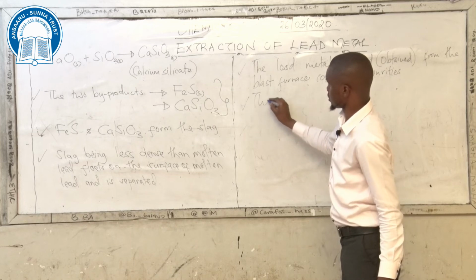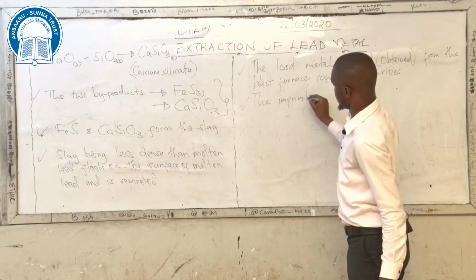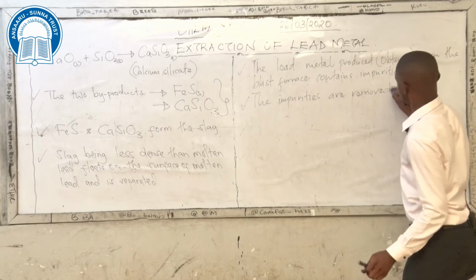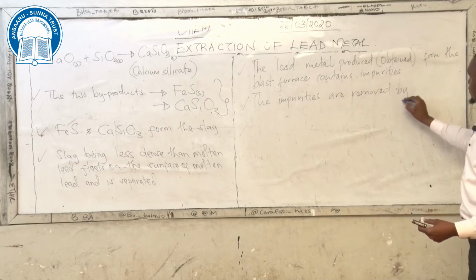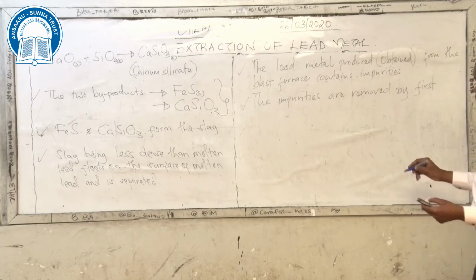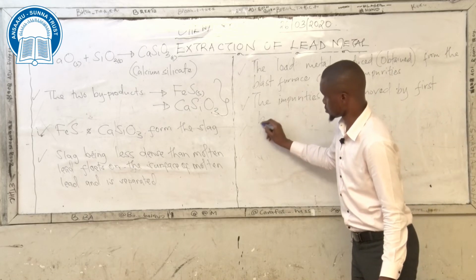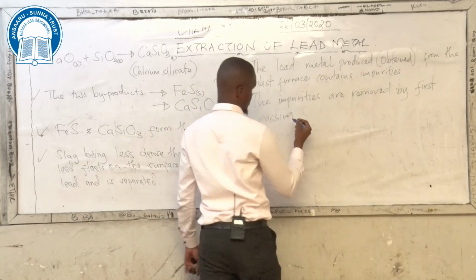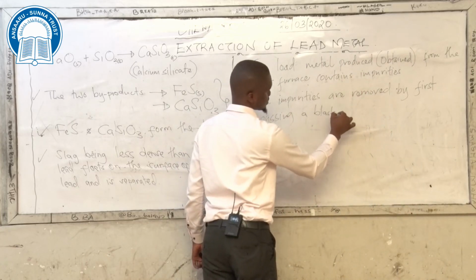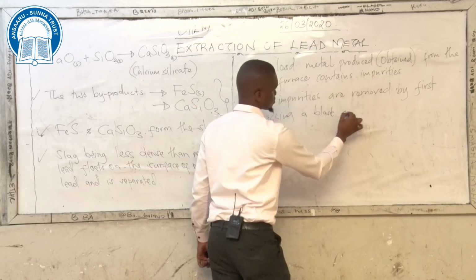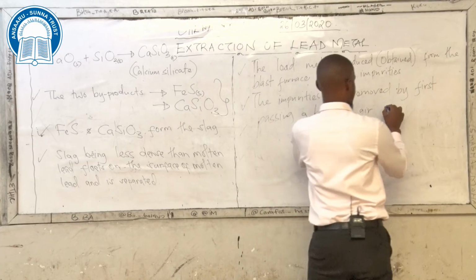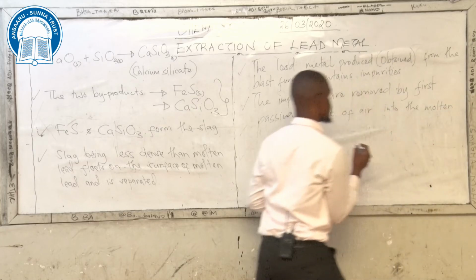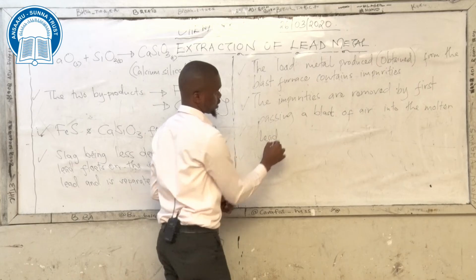And we are saying the impurities are removed by fast passing a blast of air into the molten lead.